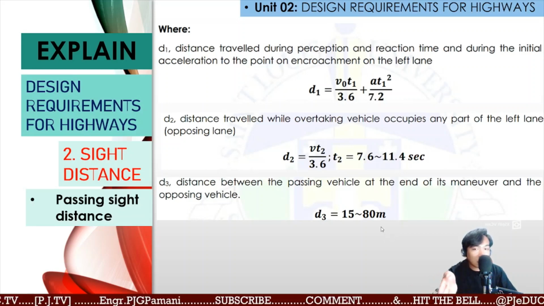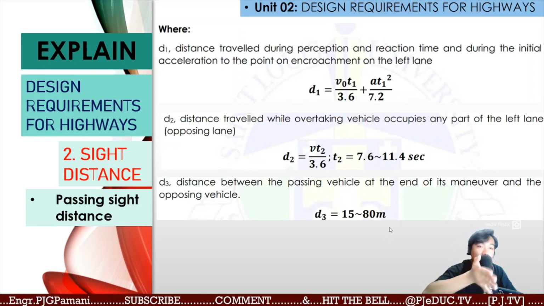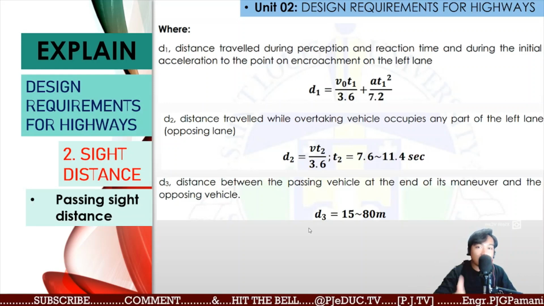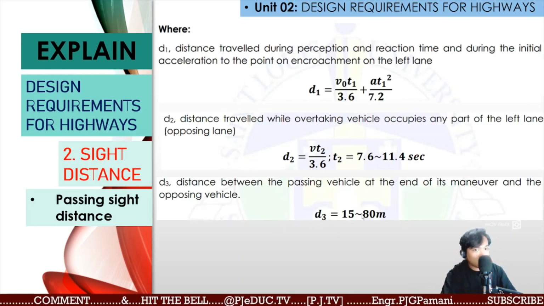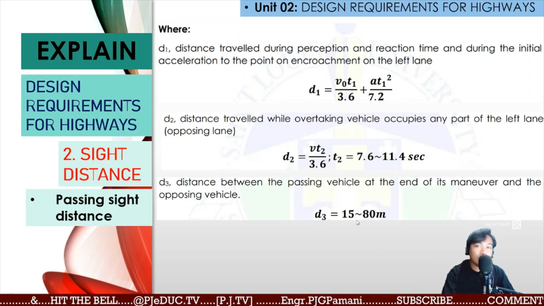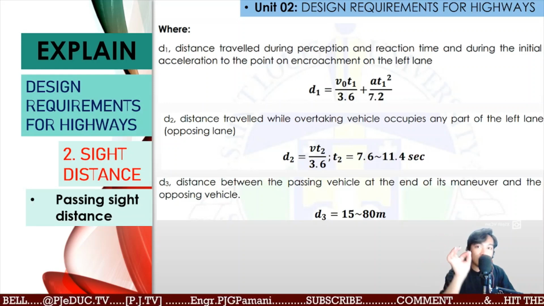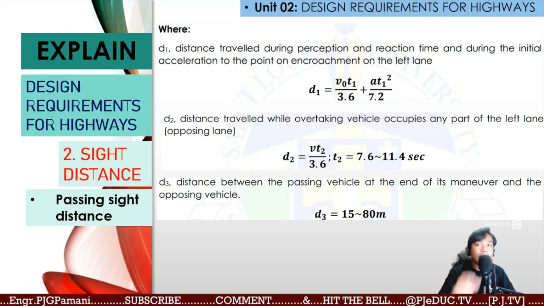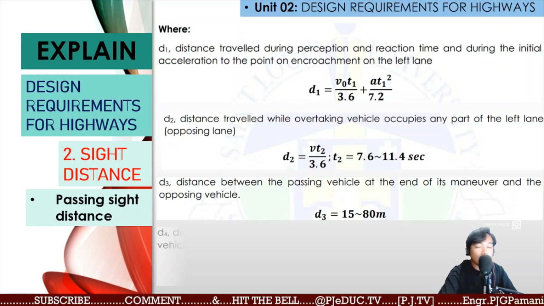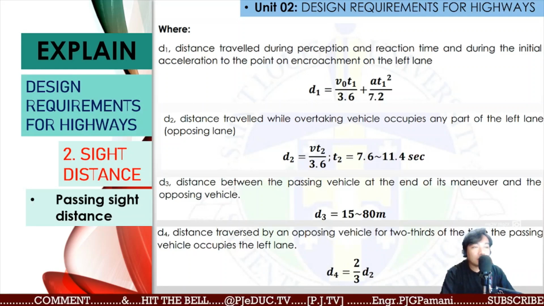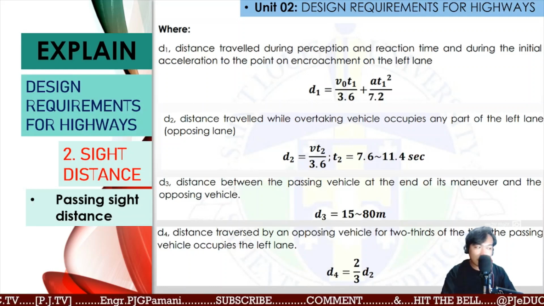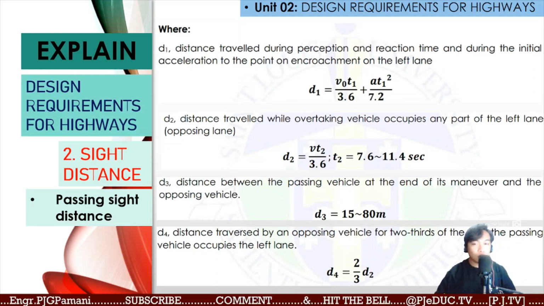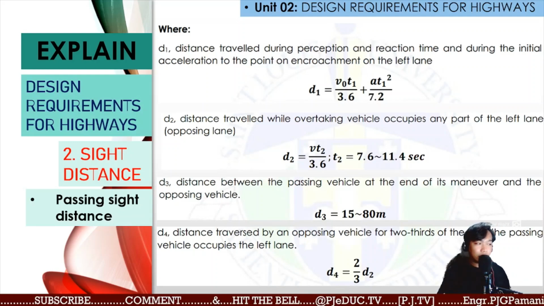Ito na ngayon yung makikita natin na distance bago mag-collide yung opposing vehicle with the overtaking vehicle, which is, based on the design requirements of AASHTO, should be between 15 and 80 meters only. Beyond that, there will be an impending collision. Then we have D4, which is the distance traversed by an opposing vehicle for 2/3 of the time the passing vehicle occupies the left lane, where D4 is basically 2/3 of the second distance D2.